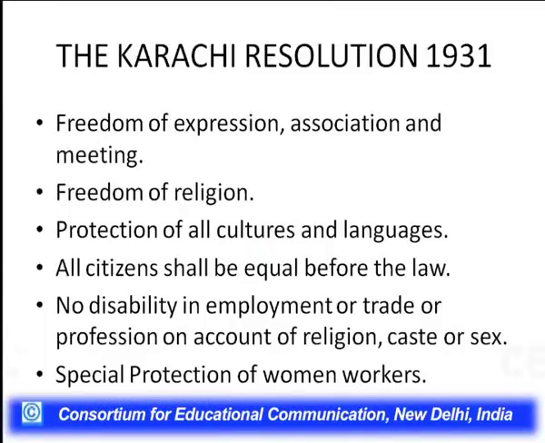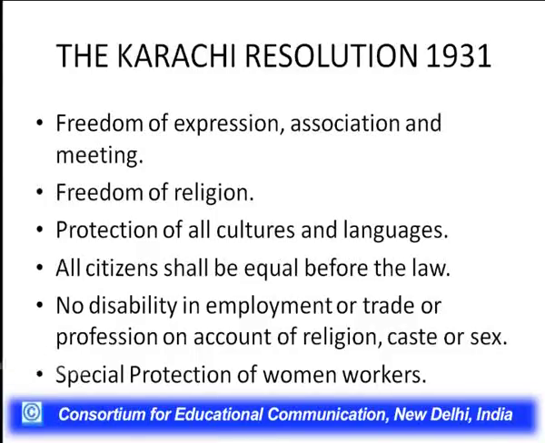As you are familiar, when the Indian National Congress was fighting for the independence of the country, they would have different kinds of congresses, that is, meetings in different parts of the country, and one of them was in Karachi, then part of undivided India, in 1931.